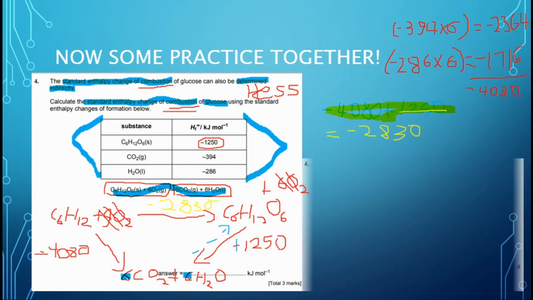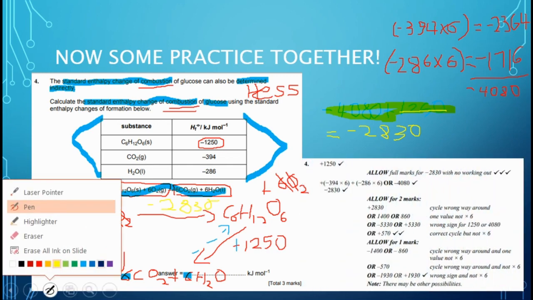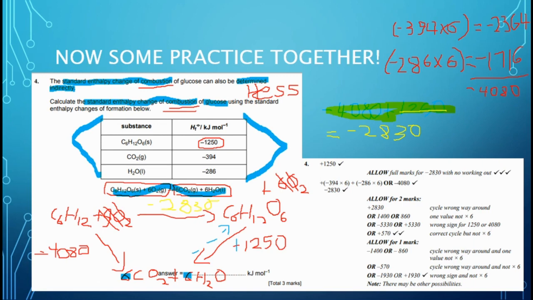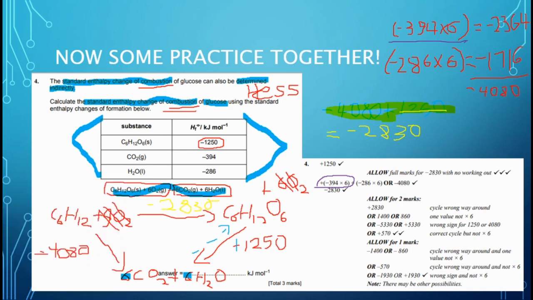And now if we compare it to the mark scheme, you can clearly see they want you to times the value, as we did here. They want you to times the other value to get one side of your arrows.